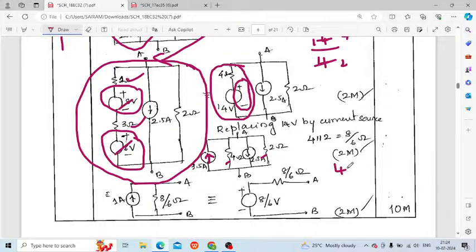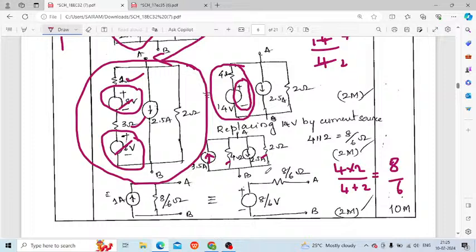So it is 4 into 2 divided by 4 plus 2, which is 4 2s are 8 and 4 plus 2 is 6. So this is 8 by 6 ohm, and here you can see 3.5 and 2.5. So now you have to subtract. What have to subtract?